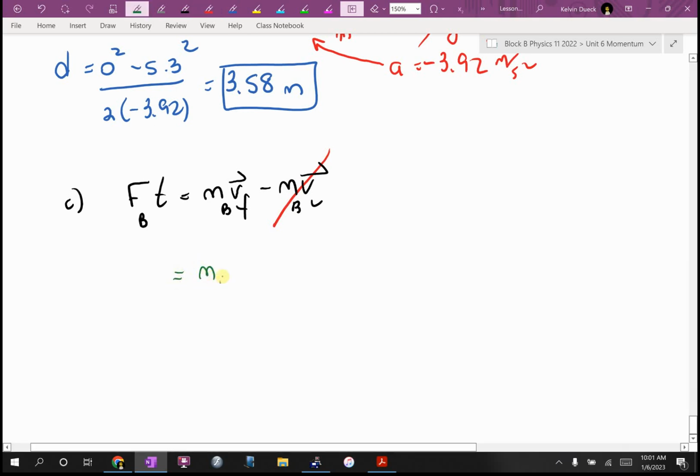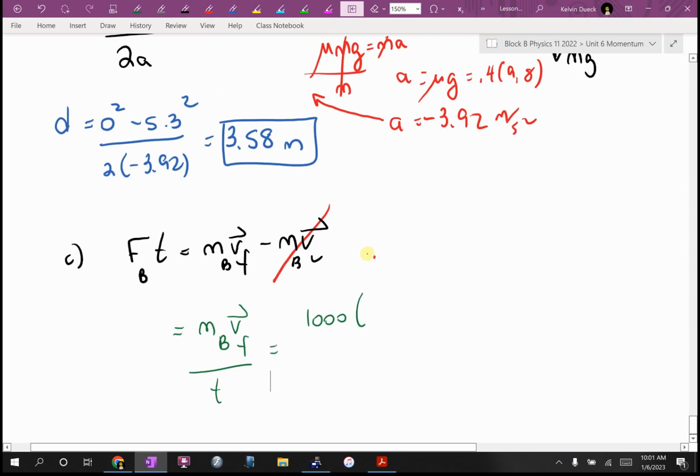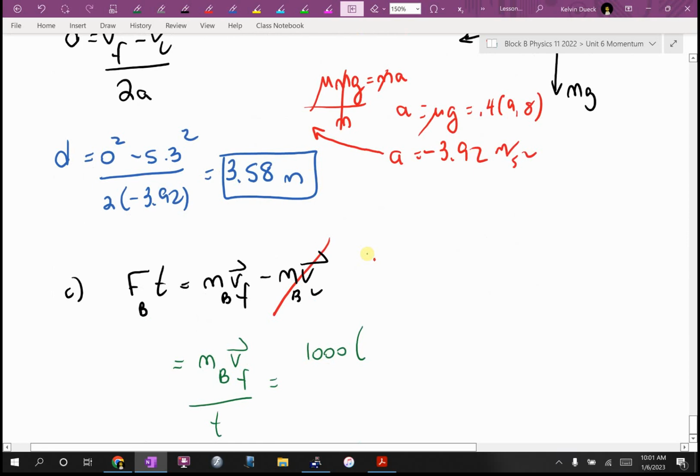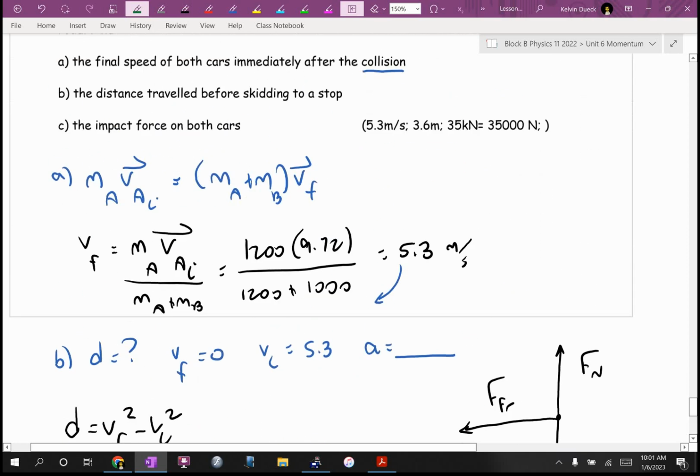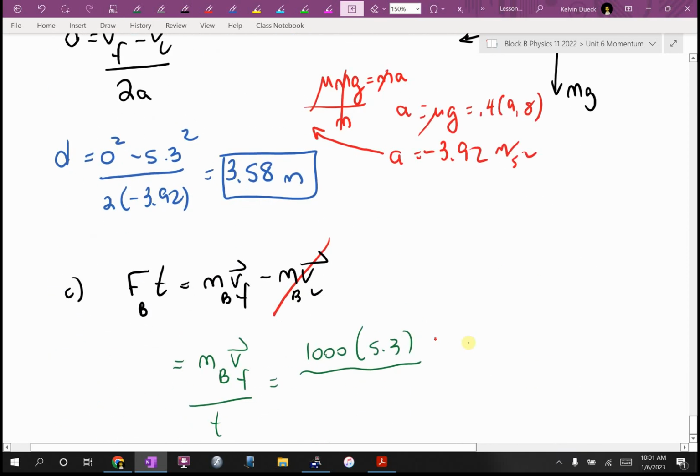It's going to be the mass of car B, final velocity of car B, divided by time. The mass of car B was 1,000. Its final velocity immediately after the collision, not once it's skidded to a stop, was 5.3. And the time is going to be, was it 0.15? 0.15.